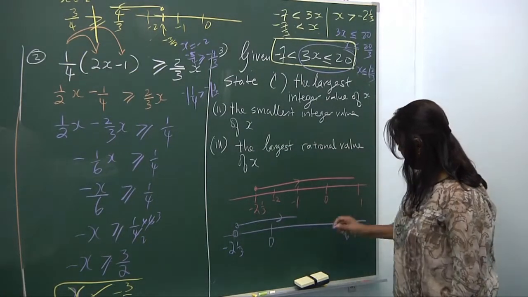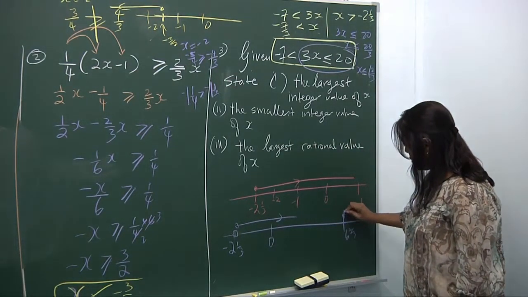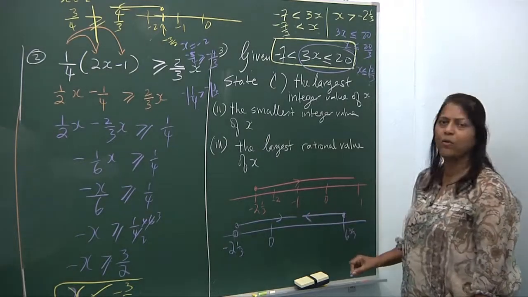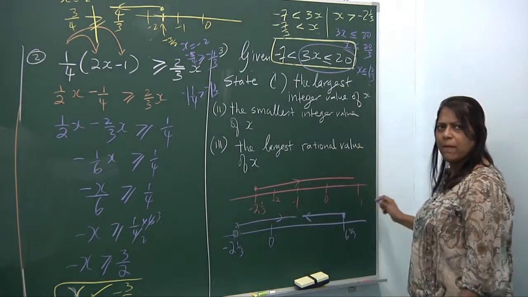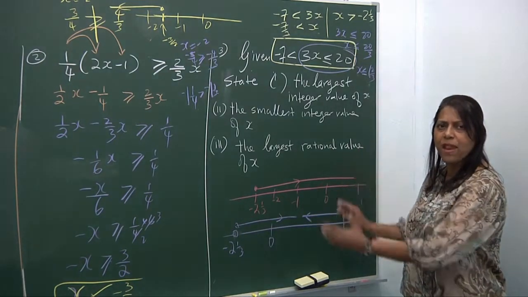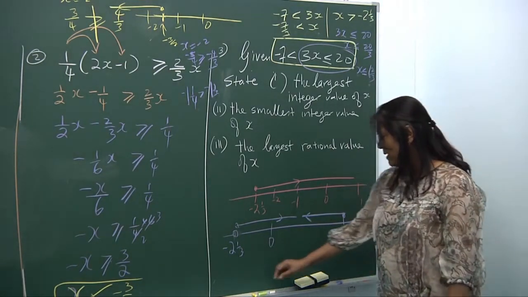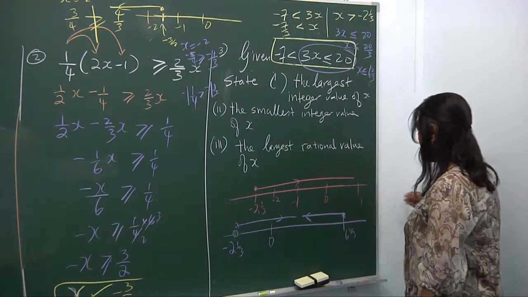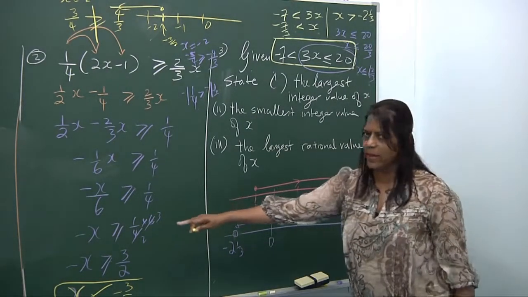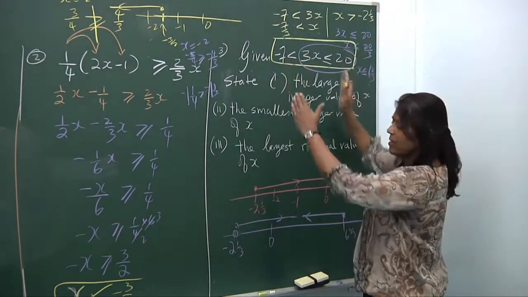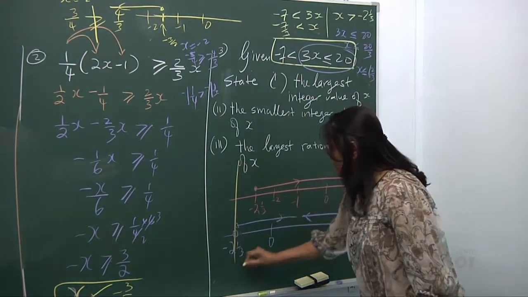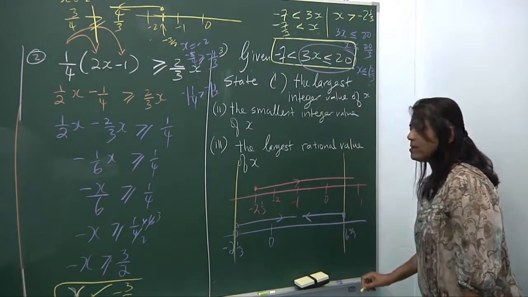But this one is smaller or equal, so we shade it including that point. This goes on and on this way, and this goes on and on that way. But they must satisfy the range we are given. The limits are there. So x is from here to here.